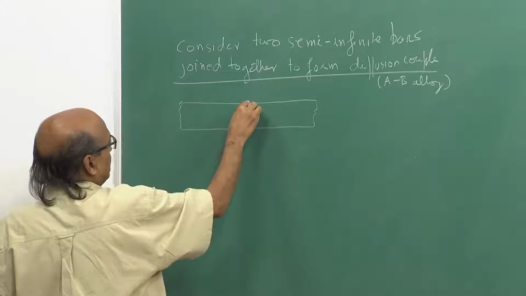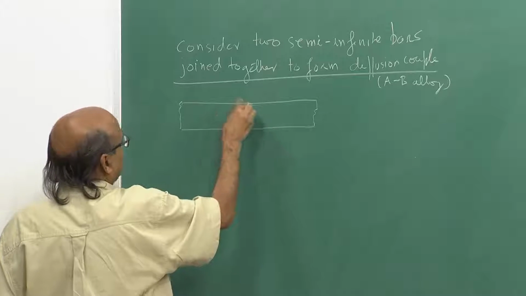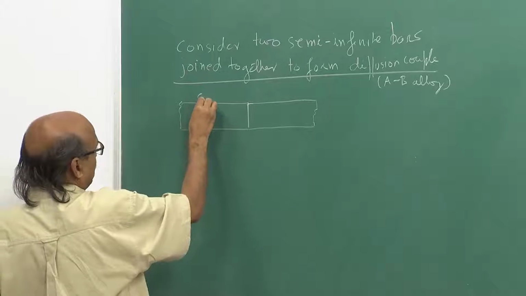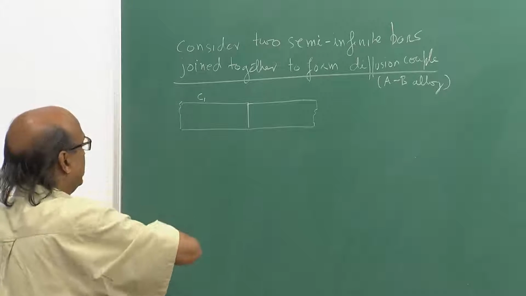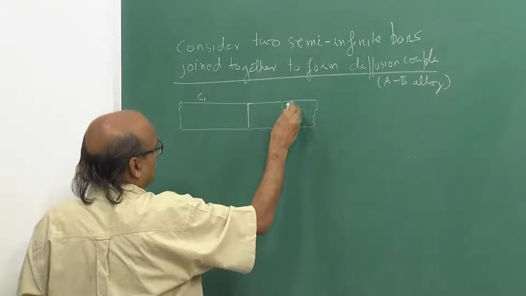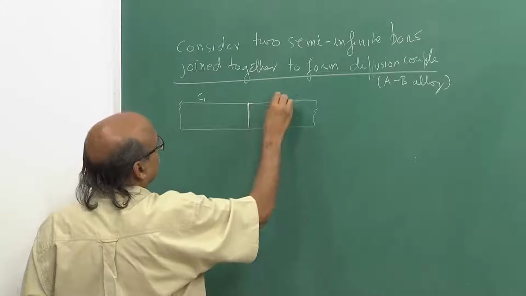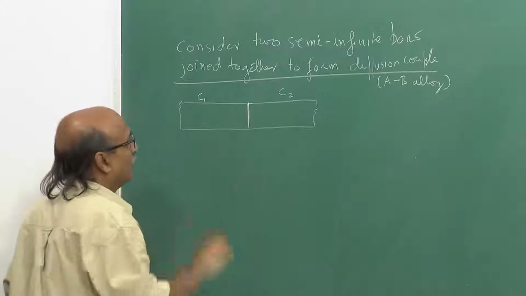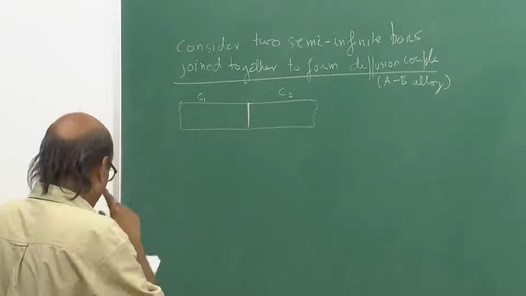So, to begin with, this bar has a concentration of B atoms given by C1, and the bar on the right hand side has a concentration of B atoms as C2.